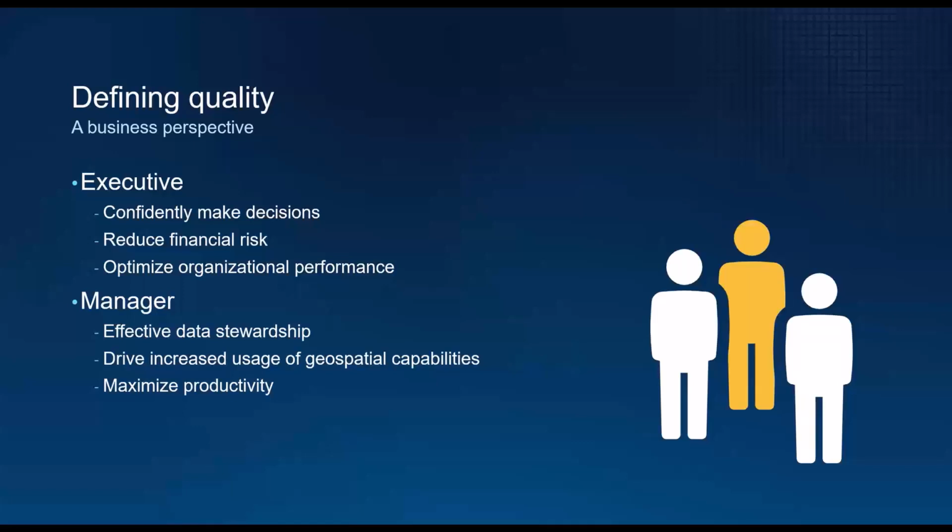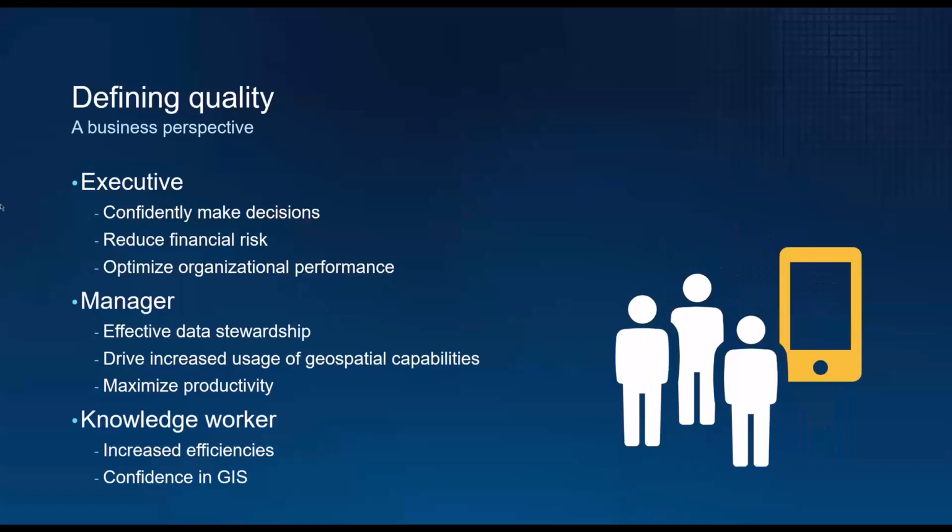It also means decreased operational costs because you're finding errors, you're fixing errors, so folks who are managing data for you can use that time to do more high value work, such as doing analysis or modeling. And ultimately for knowledge workers, those folks who rely on GIS products and services, having good quality data at their fingertips allows them to get their job done more efficiently and makes their job easier in a lot of cases.